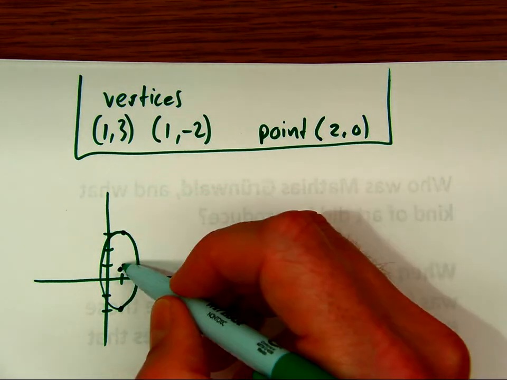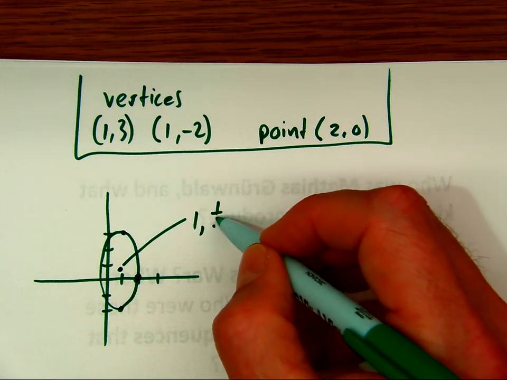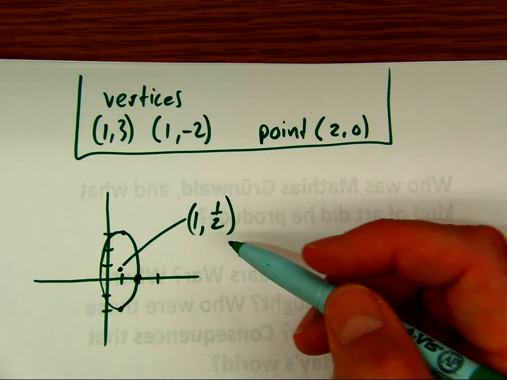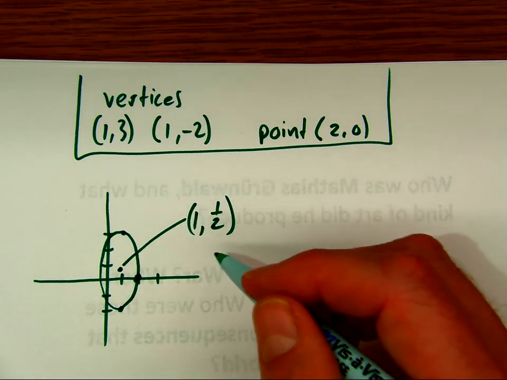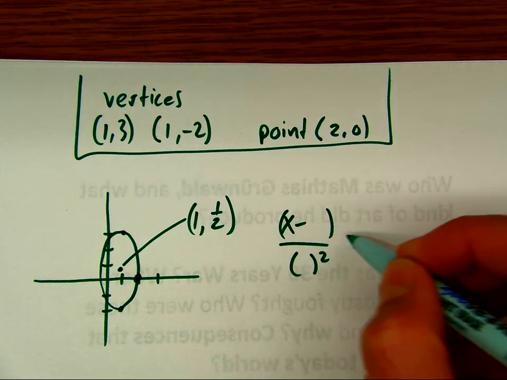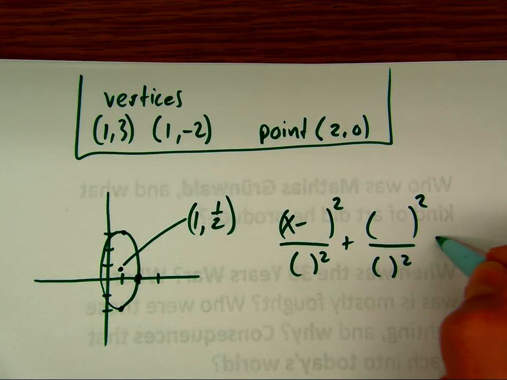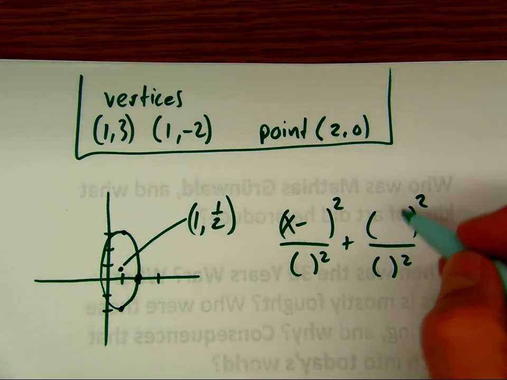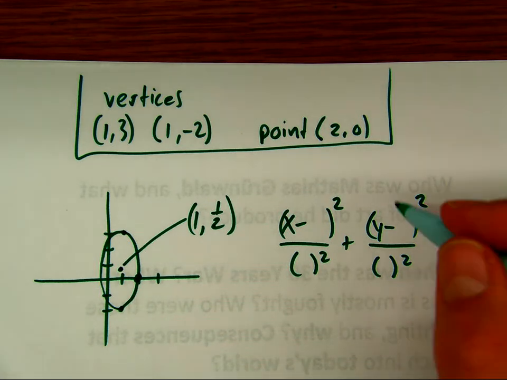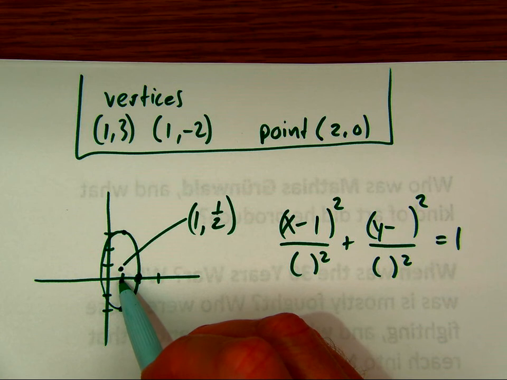So we know that the center is over 1, up 1/2. All right, and we have the x value is 1 of the center, and the y value is 1/2.